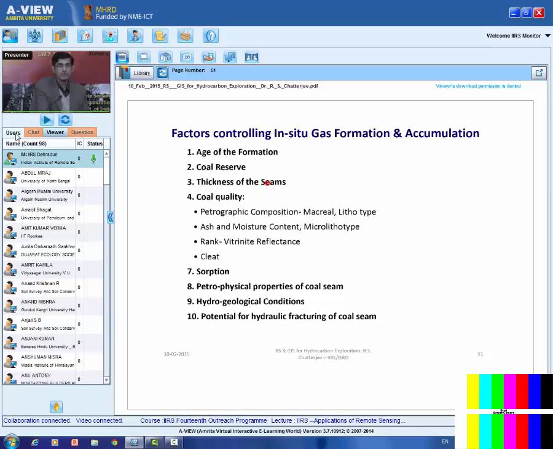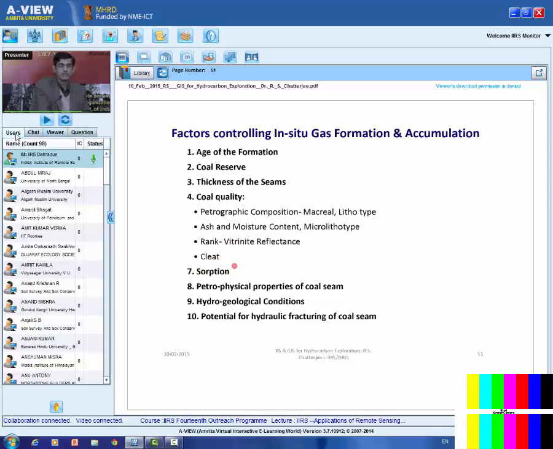The thickness of the coal seams is important: with thicker coal seams, you have a higher probability of more coal bed gas. Then the quality of the coal in terms of petrographic composition and grade. If the grade of the coal is high, the coal bed gas content will be high. And the presence of cleats is also very important.